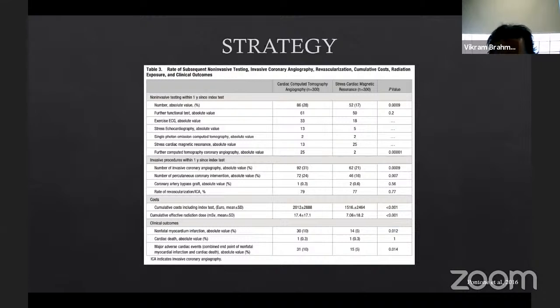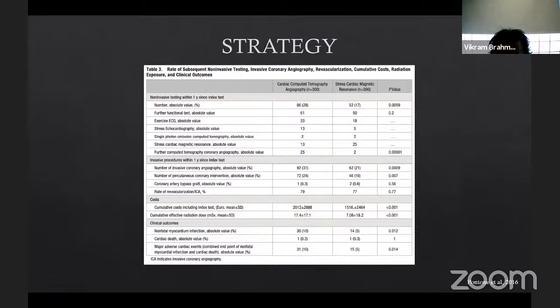What they looked at was patients with known coronary disease, and they compared a coronary CTA approach with stress MRI. And unfortunately, they didn't include FFR CT here for intermediate lesions, which would have been helpful. But what they found is that stress MRI was associated with less downstream testing, less invasive angiography, and essentially lower costs, lower radiation.